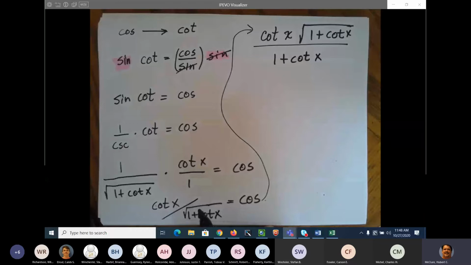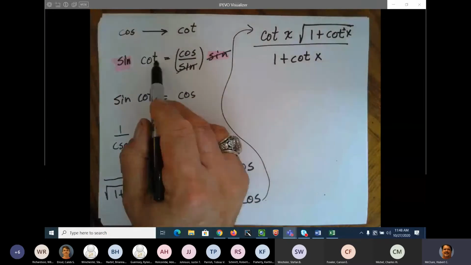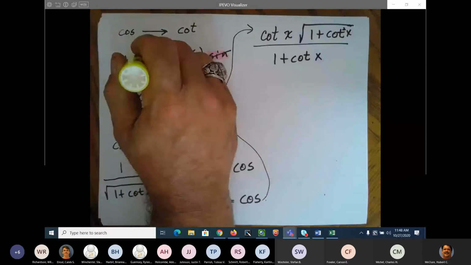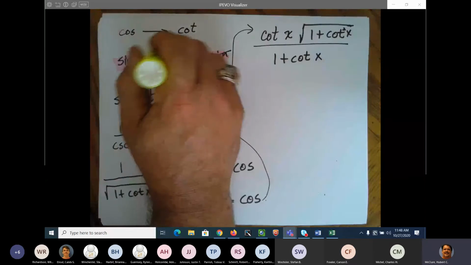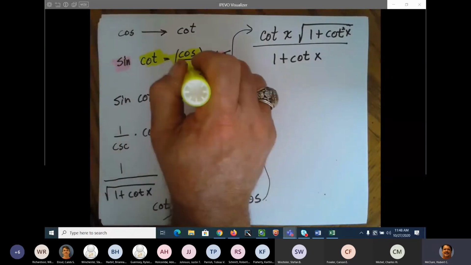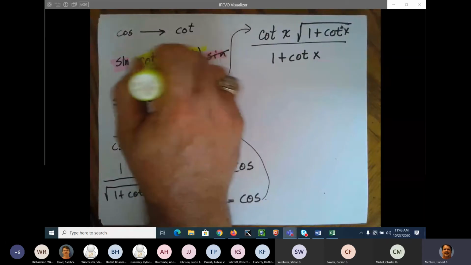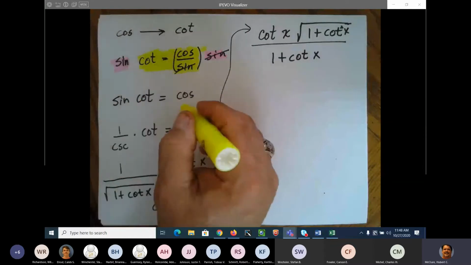Now, you see what I did there. Let me highlight this one because I need to show you that here is your original, they call it quotient identity right there. There's the original quotient identity. And then I solved it, and I got cosine is equal.